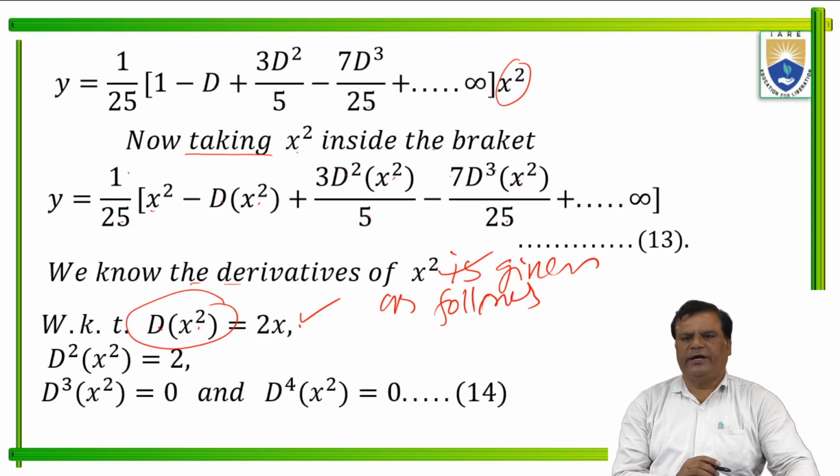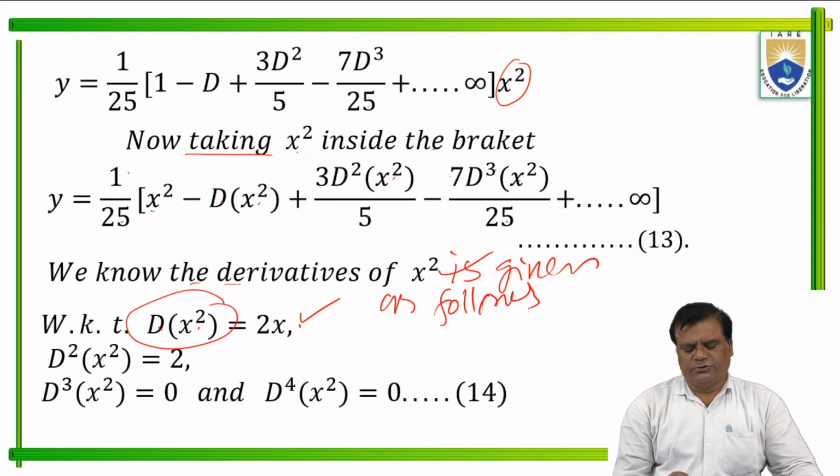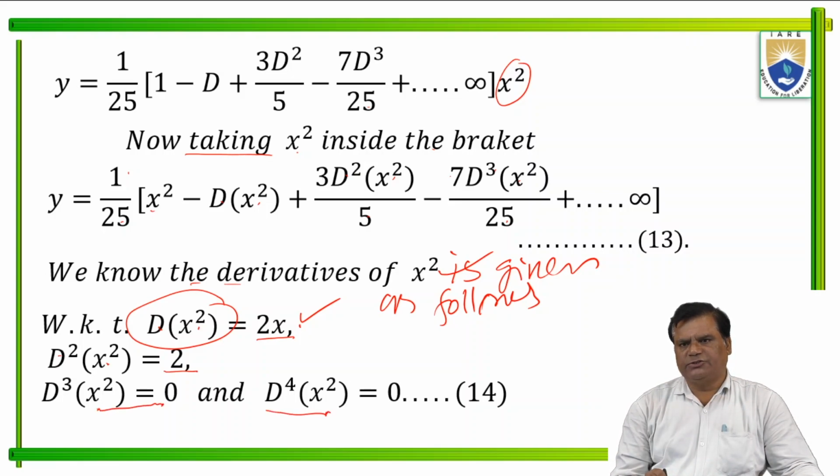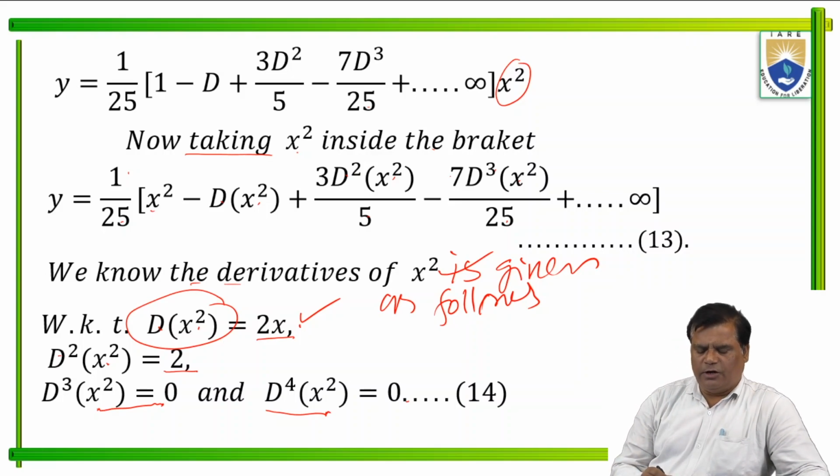Differentiating with respect to x one time, the differential of x square is 2x. Differentiating two times, the differential of x square is 2. Three times, the differential of x square is 0. Four times, it is 0. So all other higher order derivatives are 0.